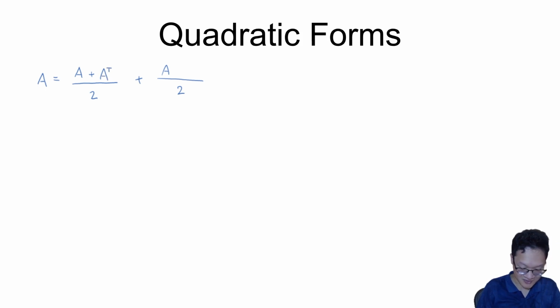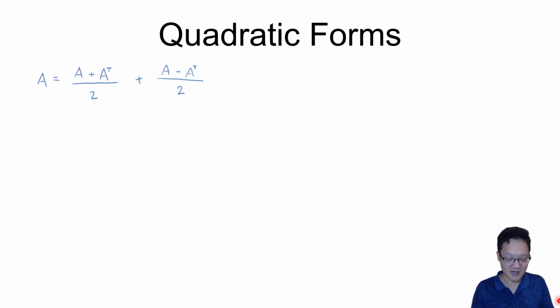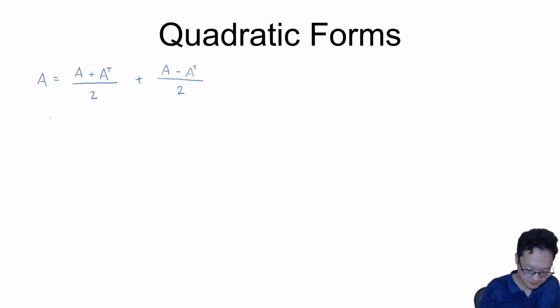Next, we can always add A transpose over 2 and then subtract A transpose over 2. That's correct, so we can do it. Of course, we can do many things, but doing it in this particular way will allow us to simplify things a little bit and make a good argument.